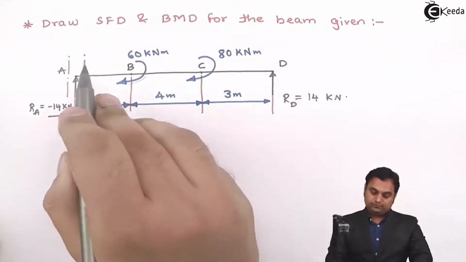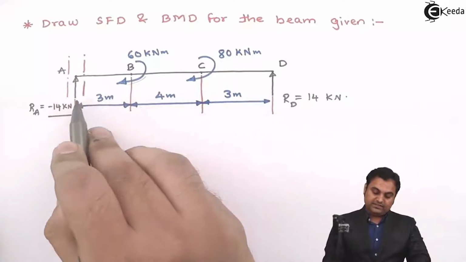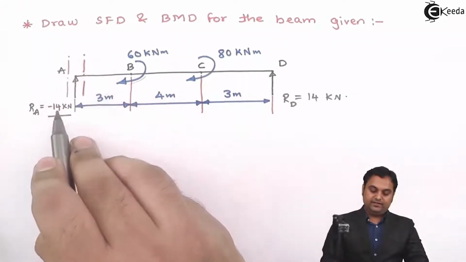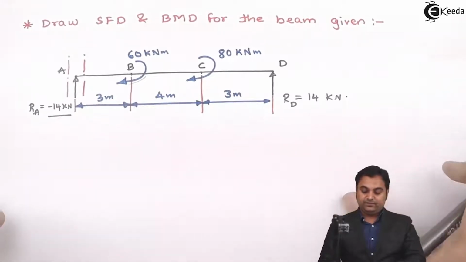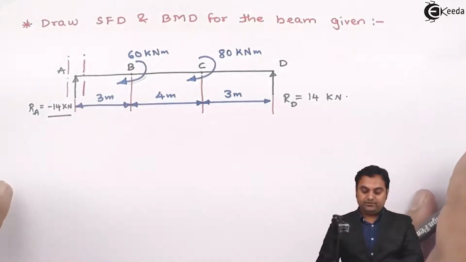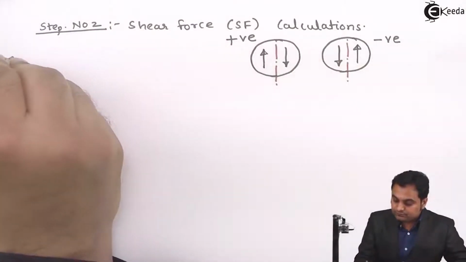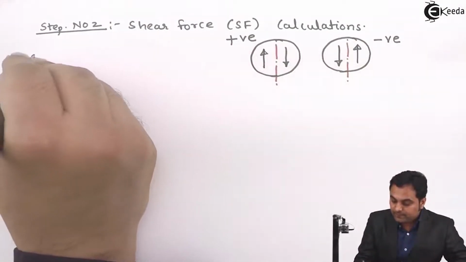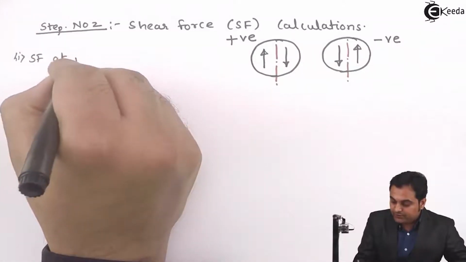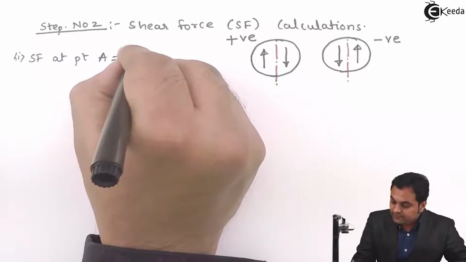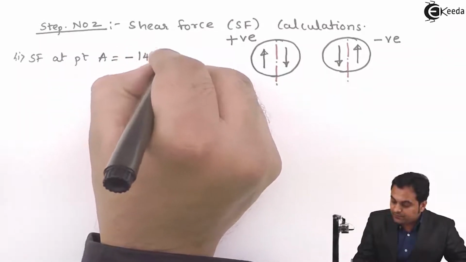To the left of this section there is a force acting upward, so it will be positive, but I'll write the value as it is, minus 14, because the value is negative here. So therefore, SF at point A is equal to minus 14 kilonewton.